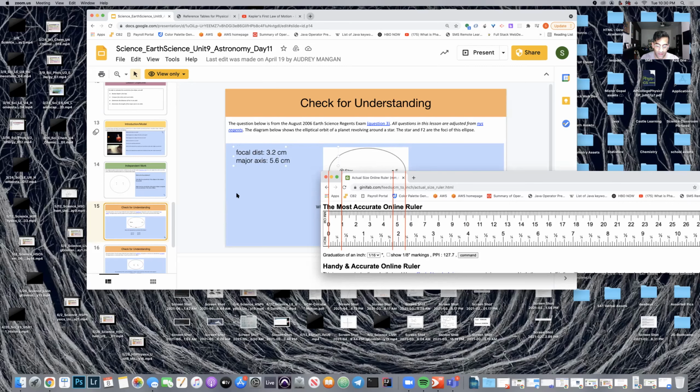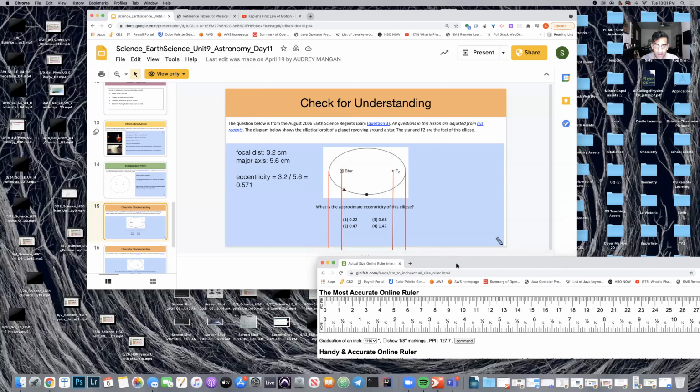And now when I divide those, my eccentricity has to be those numbers divided, 3.2 divided by 5.6, which is going to equal, I'm going to calculate it here, 0.571. Okay, so now I can take a look at my answer choices.